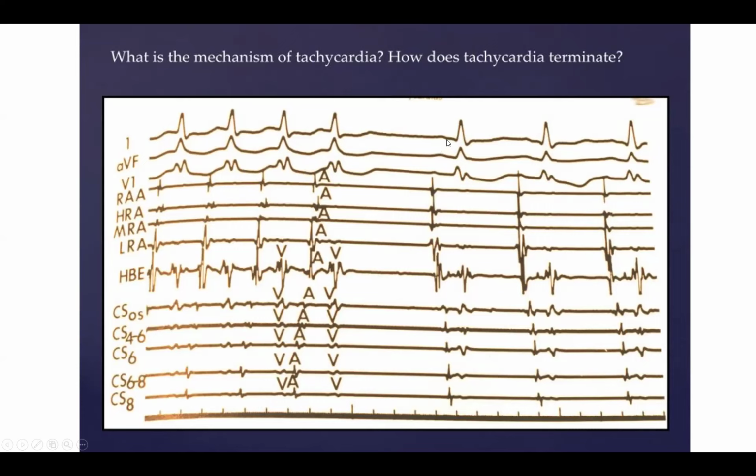And this is one of the reasons why I don't necessarily consider intermittent pre-excitation as a proof that somebody is high or low risk, because in sinus rhythm on the surface tracing, you might not even tell that the patient is conducting through the pathway, but we clearly see that it is conducting through the pathway when we look at these lateral CS leads.